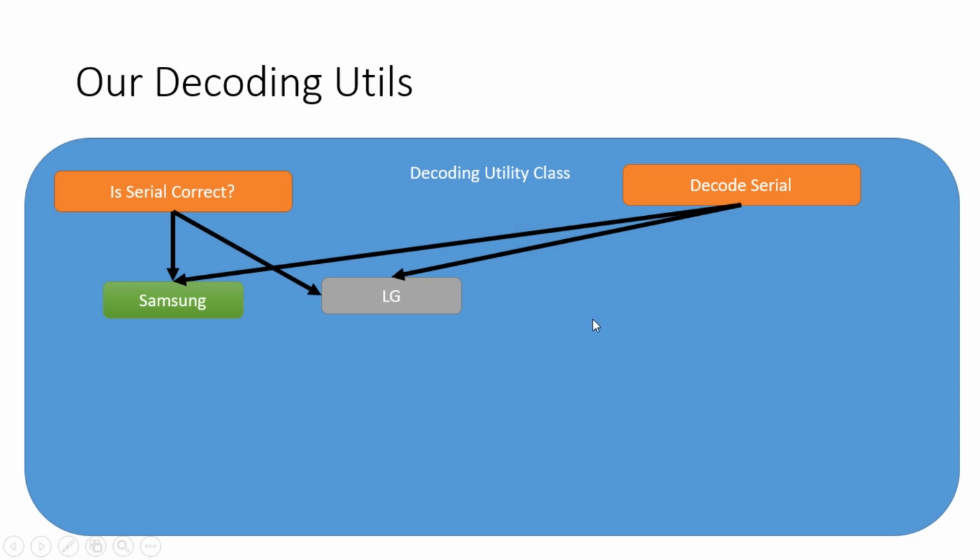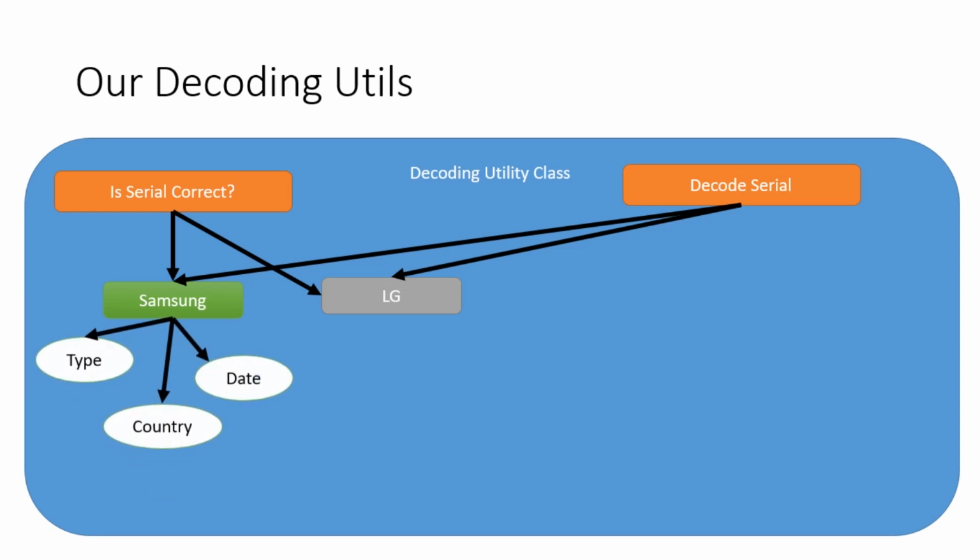Alright, that's really great. Now what happens after creating this brand and making the connection between the function and the brand? We have the type, the country, and the date, which we make some operations on based on the data structure we have, and we also do the same for LG.